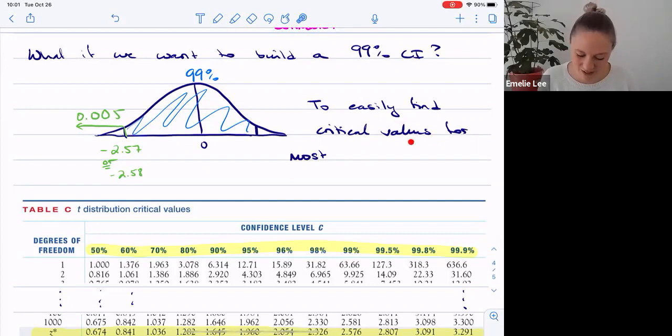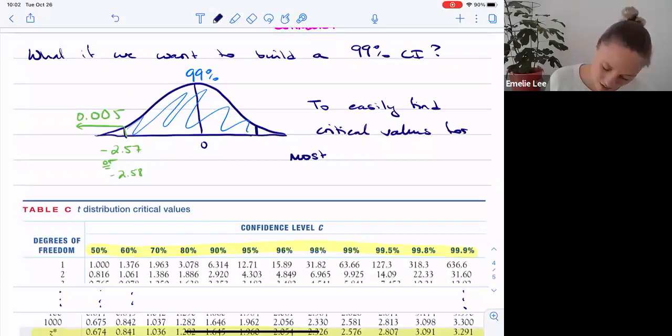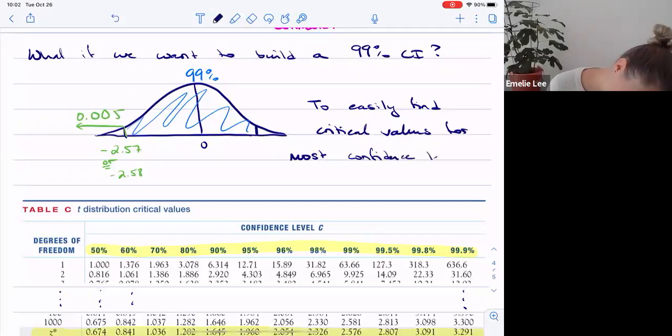So to easily find critical values for most, not all, like 97% is not on here, you have the tools for finding that. But for most confidence levels, we can use the T table.